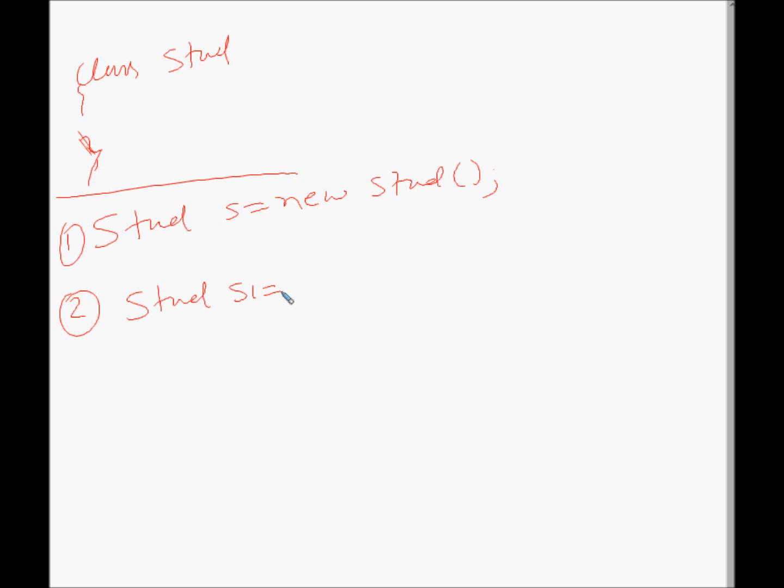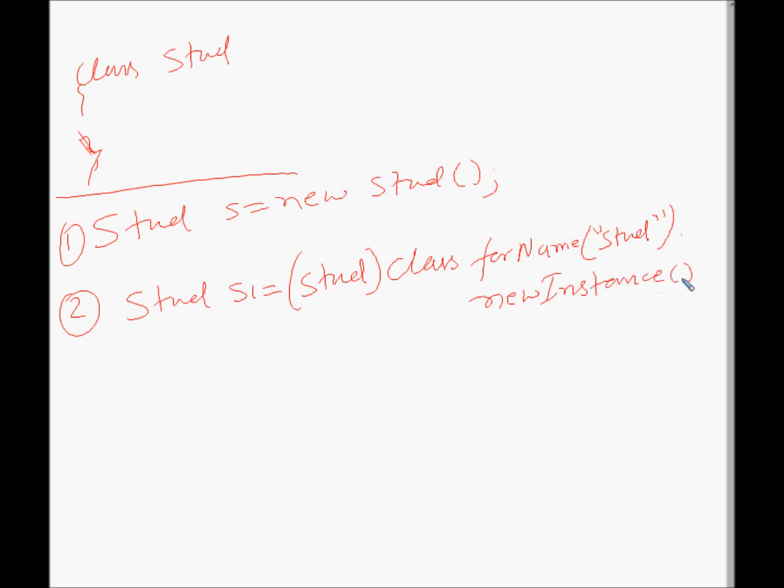So I'll just say Student, and then Class.forName. What is the class I have? I have a Student class. So writing here Student, and then I will say dot newInstance, which will create the object.